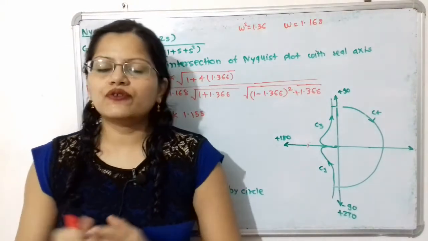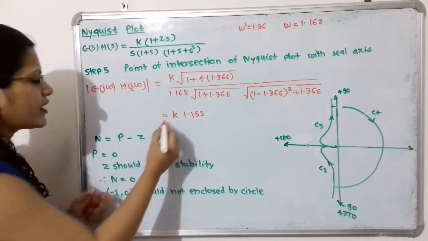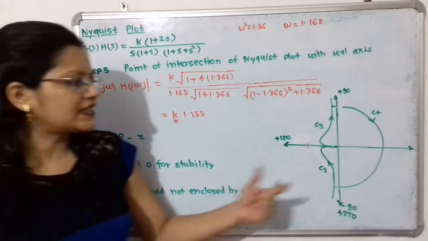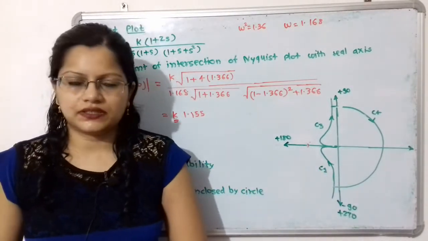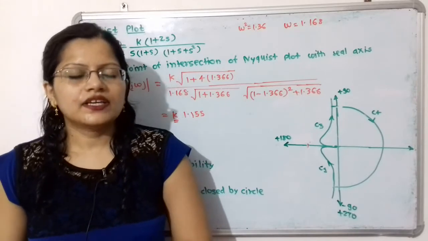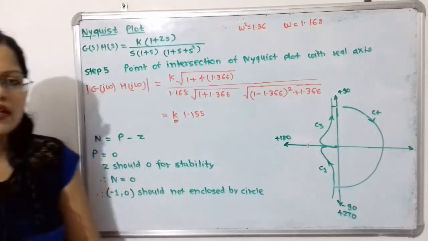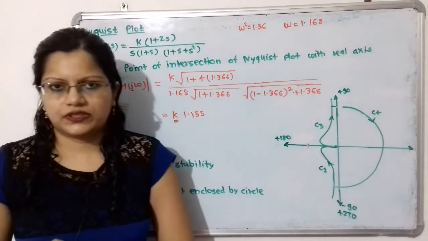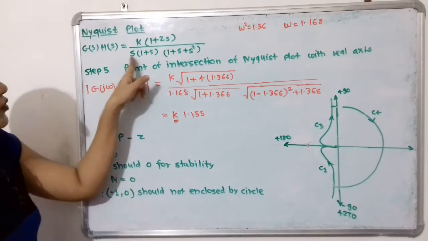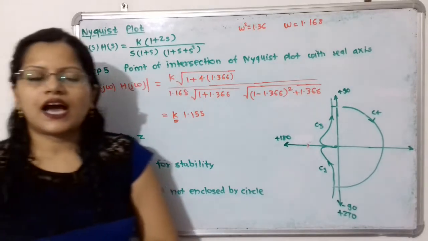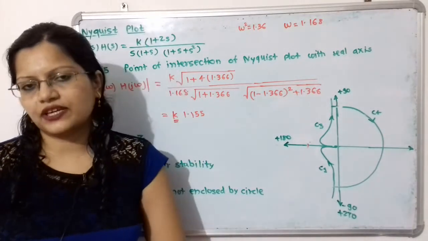Now we have to find out this value of K to determine the stability of the system. So how to determine this? So for that, if we move for the number of open loop poles that we have already calculated, then we know that all these poles lie on the left hand side of the plane.